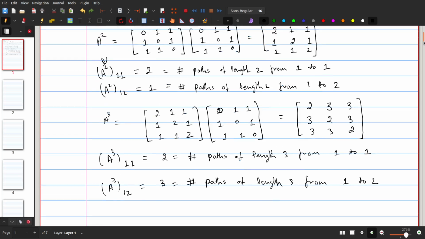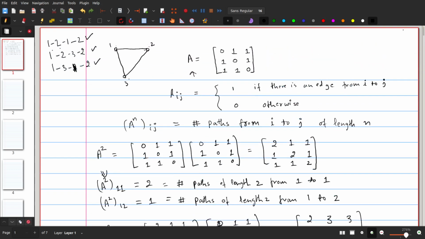So in general, if we have any simple graph, and we are considering undirected graphs in this case, then for that graph, the nth power of the adjacency matrix gives the number of paths of length n between the vertices of that graph.